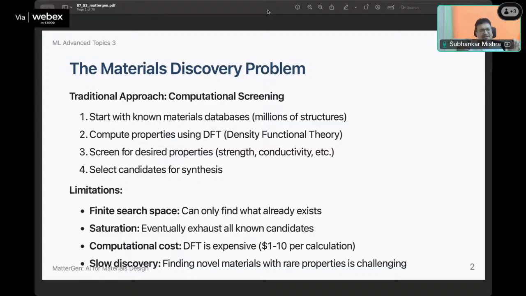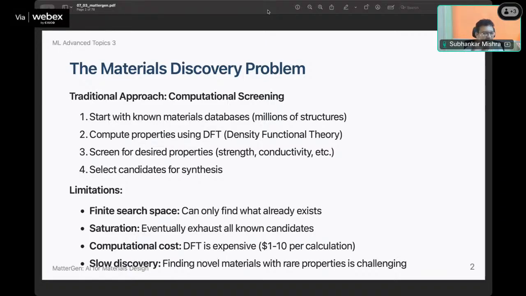We want to find a needle that exists in a haystack we have no knowledge about. What we have is a group of needles, but we want to find another needle in a haystack, and we don't know anything about that haystack because those are materials that have not been produced or generated yet. So what do we do?